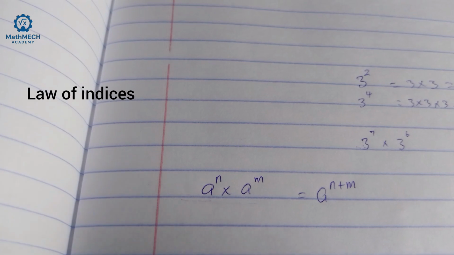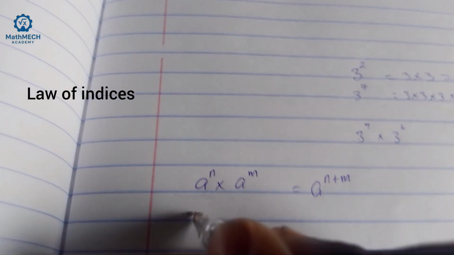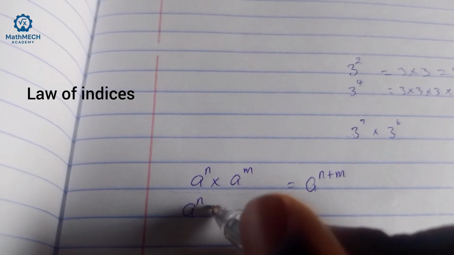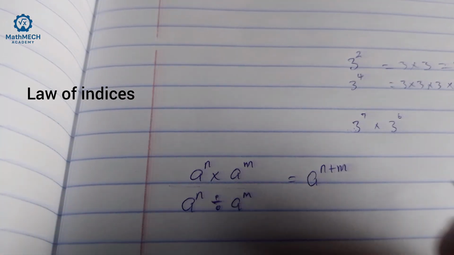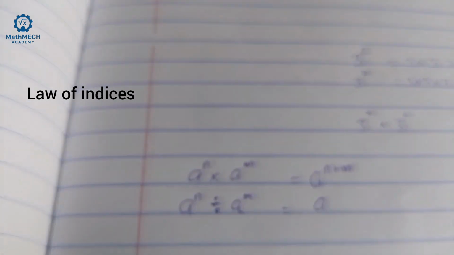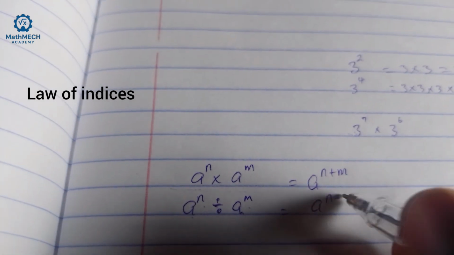The same is true for division, but the reverse is the case. So when we have a raised to the power of n, instead of multiplication, let's say we have divide by a raised to the power of m, the answer is going to be picking just one a. Out of this, you pick one, then you subtract the power, which is n minus m.